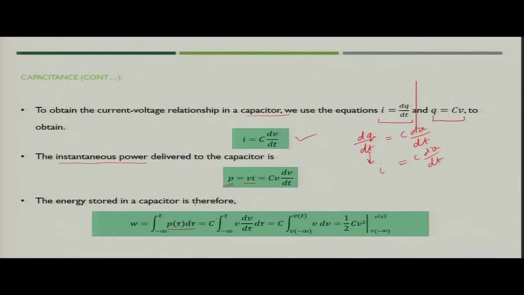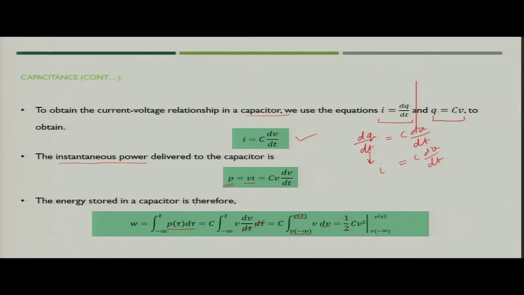C is constant, so you can take it out: minus infinity to t of V dV by d tau multiplied by d tau. These two will cancel out, so eventually your differential would be with respect to dV. Your limits now will change, with V going from minus infinity to V at time equal to t.